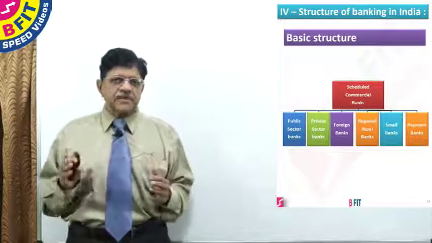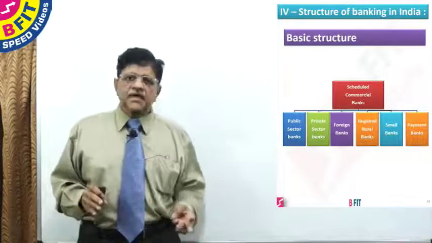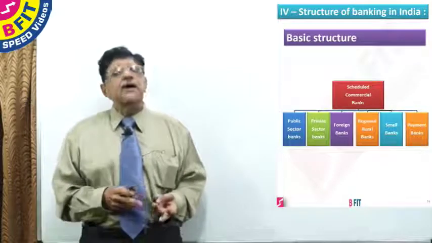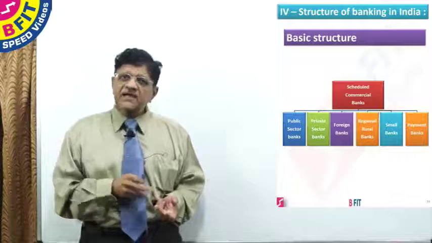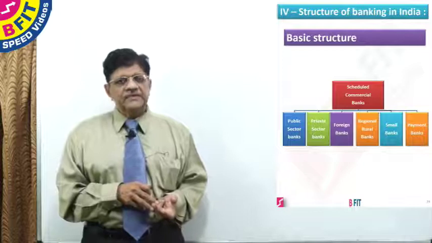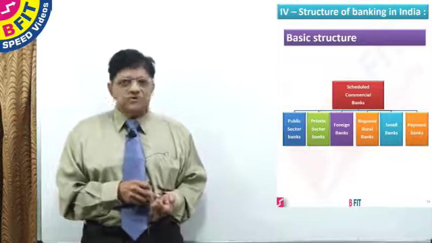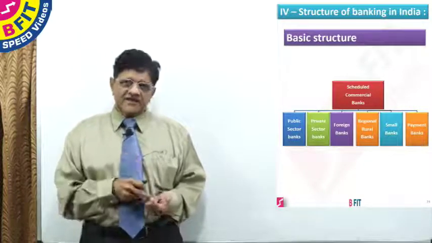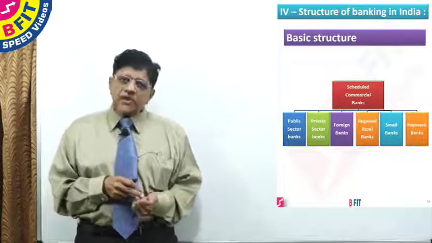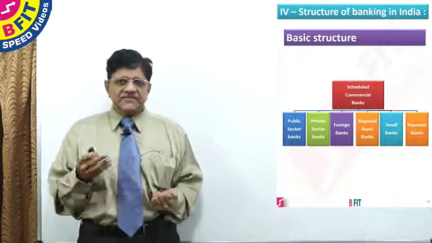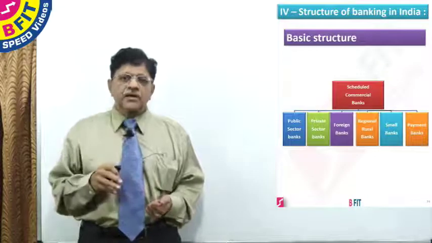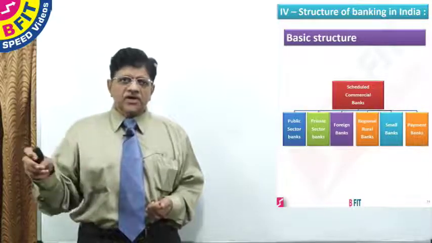The scheduled commercial banks are divided into public sector banks, where more than 50% of the shares are held by Government of India; private sector banks, where the shares are held by the public and not a single share is held by Government of India; foreign banks, which are incorporated outside India but have their branches operating in India; and regional rural banks, which were started in 1975-76 to focus more on rural credit and rural welfare.